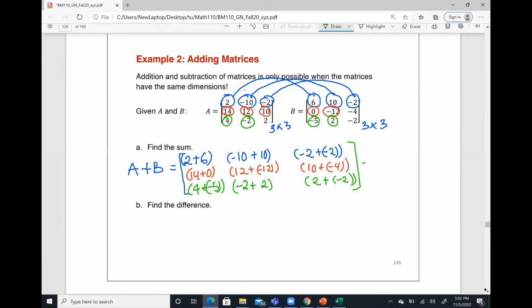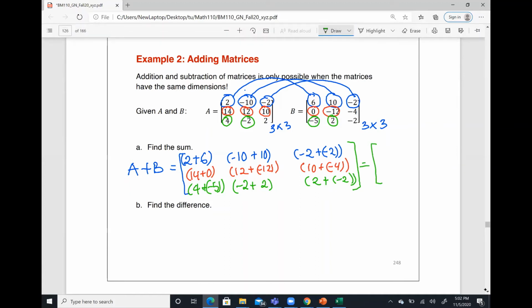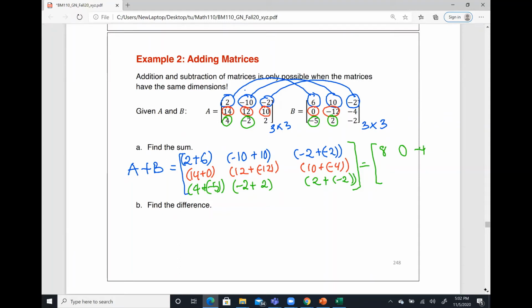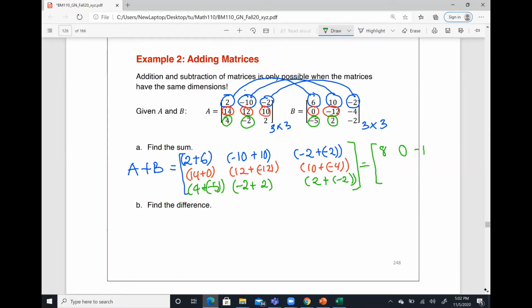So now if you simplify, you will get 2 plus 6 equal to 8. Negative 10 plus 10 will be 0. Negative 2 plus negative 2 will be negative 4. 14 plus 0 is 14. 12 plus negative 12 is 0. 10 plus negative 4 is 6. 4 plus negative 5 is negative 1.